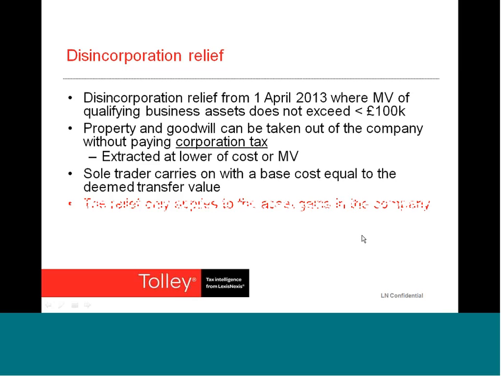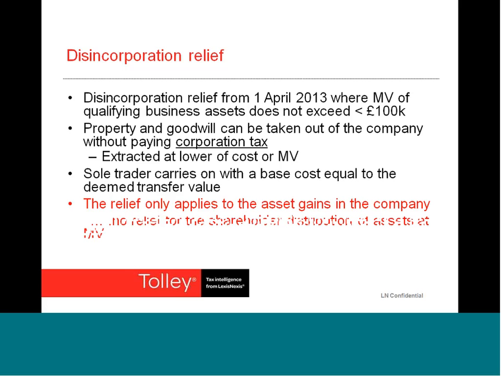Now, the relief only applies to asset gains in the company. It means there's no asset gain in the company, there's no corporation tax. It doesn't cover anything else. And the anything else I'm thinking of is if a company distributes an asset, gives an asset, sells an asset to a shareholder at less than market value, so that's like a dividend in specie, then the freebie element, the difference between market value and what they're paying for it, is a taxable dividend on that shareholder.